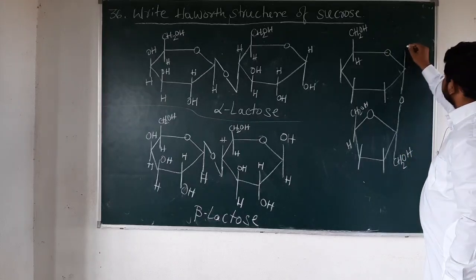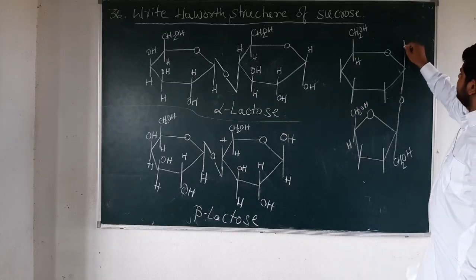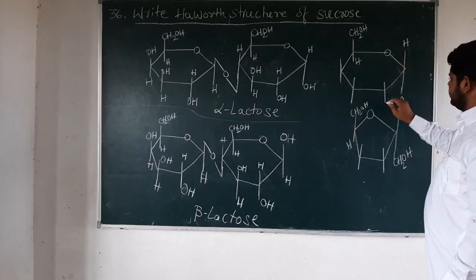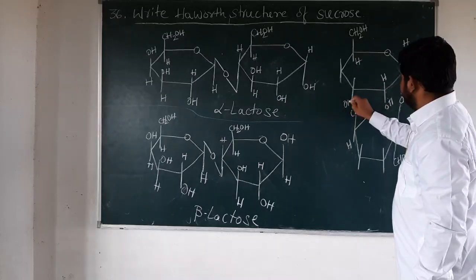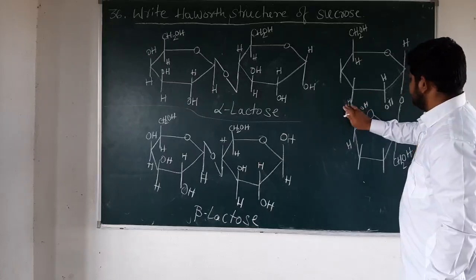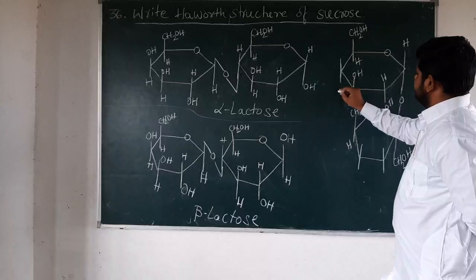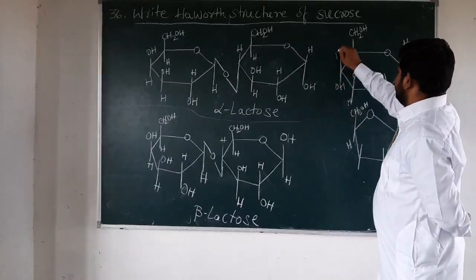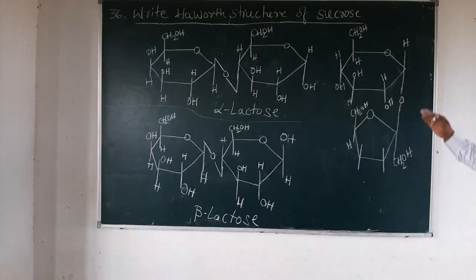Now, this is glucose, so OH comes here, then this will be H. So this is for glucose: here OH, H, opposite OH, sorry, H here and OH here. It is glucose, opposite OH and H, because this is glucose, particularly alpha glucose.